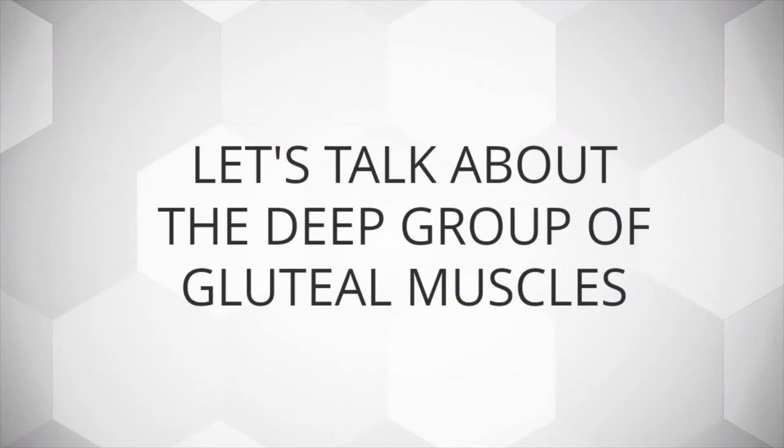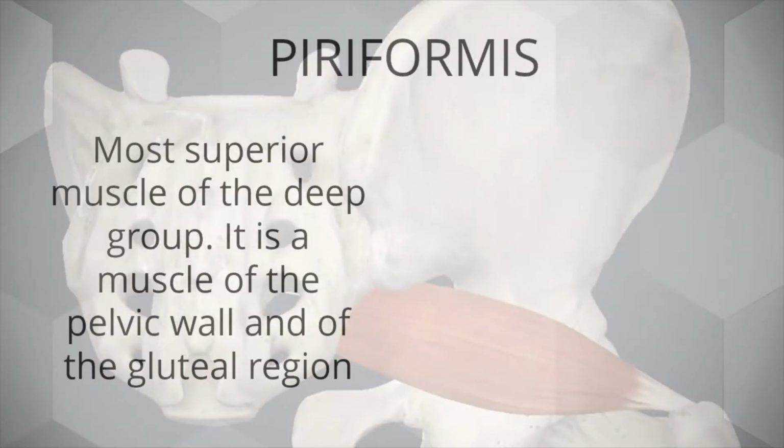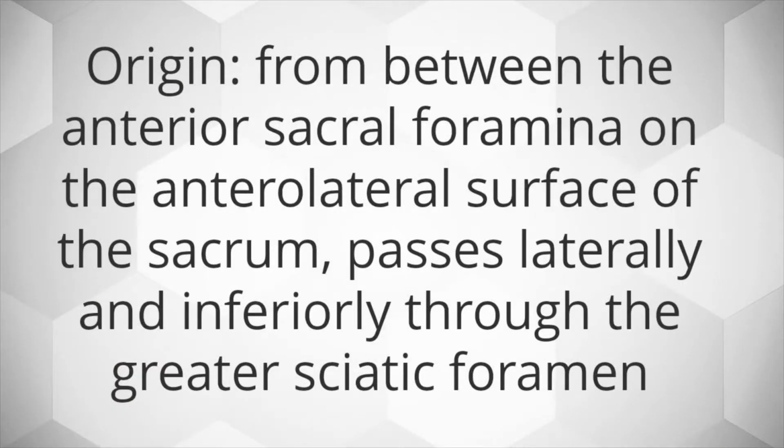Now let's talk about the deep group of the gluteal muscles. The piriformis is the most superior muscle of the deep group. It is a muscle of the pelvic wall and of the gluteal region. The origin of the piriformis muscle is from the anterior aspect of the sacrum.